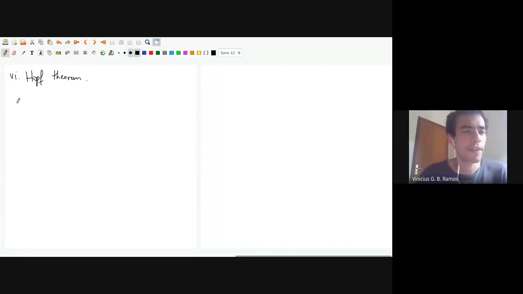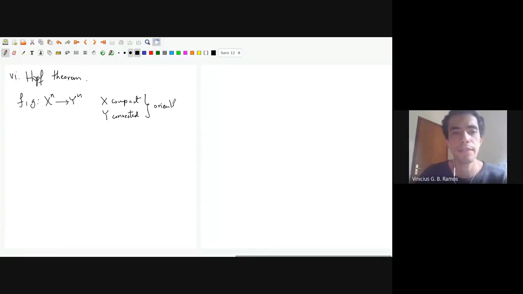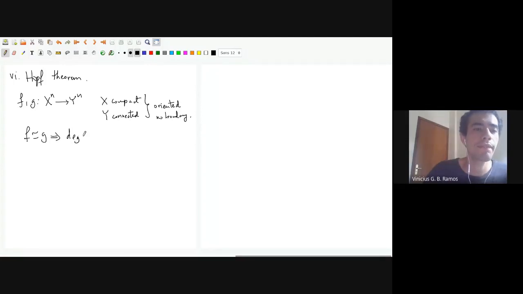So we've seen before that if we have two functions from X^n to Y^n, where X is compact, Y is connected, and they're both oriented and have no boundary, then we can talk about the degree, and if they're homotopic, we've seen that this implies that the degree of f is equal to the degree of g.